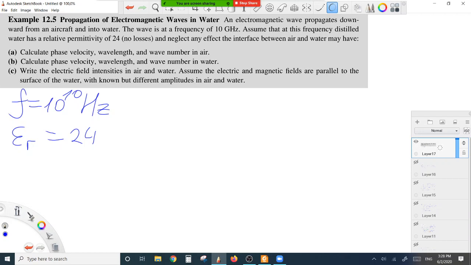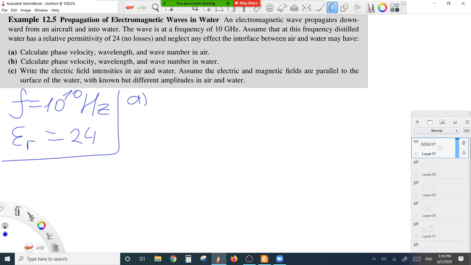Okay, and neglect any effect the interface between air and water may have. First, A: calculate phase velocity, wavelength, and wave number in air. Okay, A.